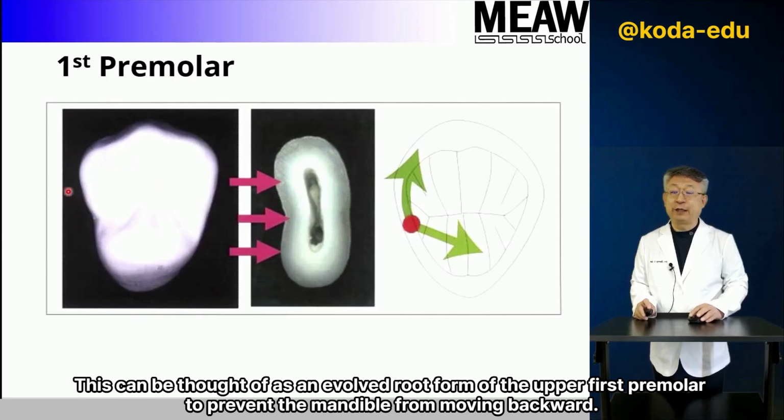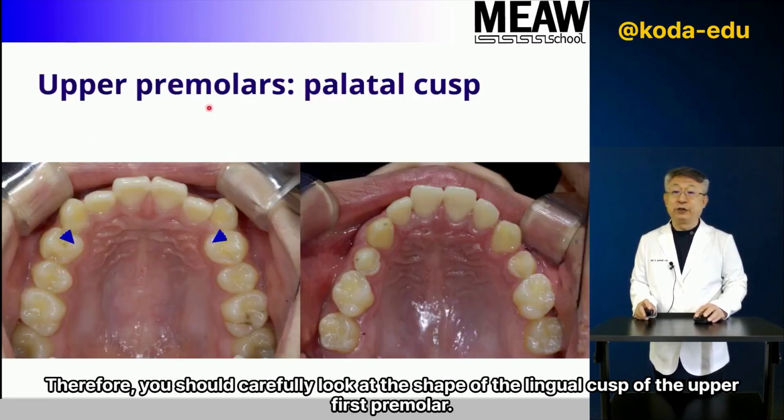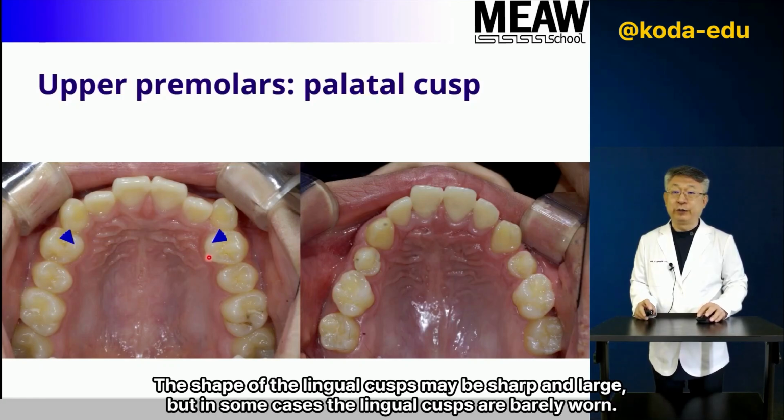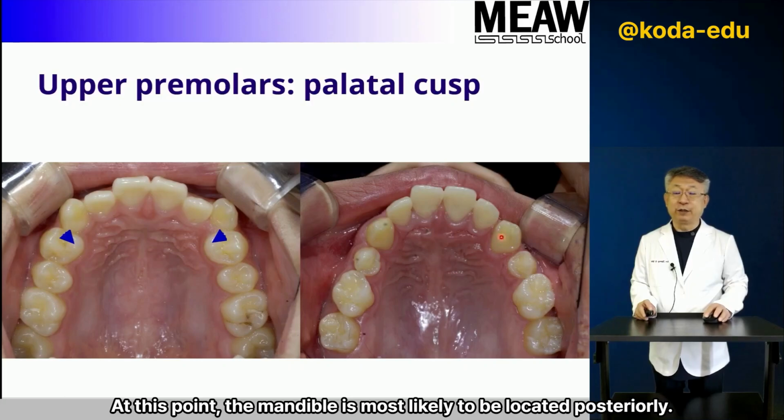This can be thought of as an evolved root form of the upper first premolar to prevent the mandible from moving backward. Therefore, you should carefully look at the shape of the lingual cusp of the upper first premolar. The lingual cusps may be sharp and large, but in some cases the lingual cusps are barely worn. At this point, the mandible is most likely to be located posteriorly.